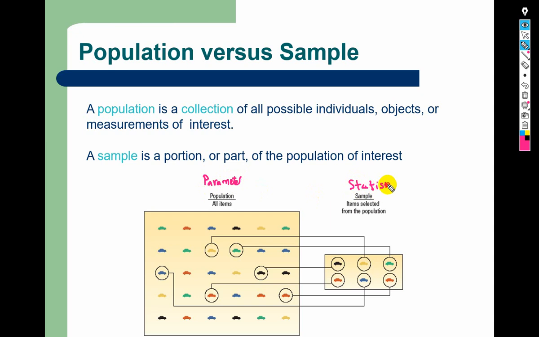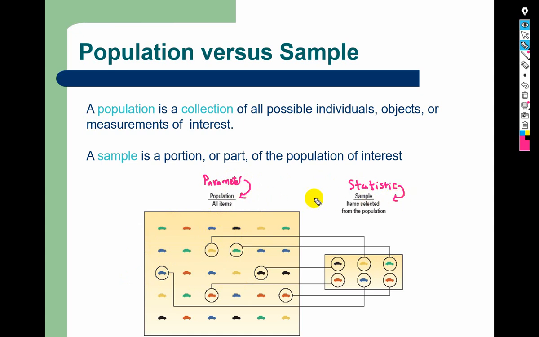So any measure you are calculating from a population data, we name it as parameter. If you calculate an average or a variance or a mean or a proportion or a specific measure, any measure calculated from a population data, I will name that as parameter. On the other side, any measure you are calculating from sample data, I will name that statistic.